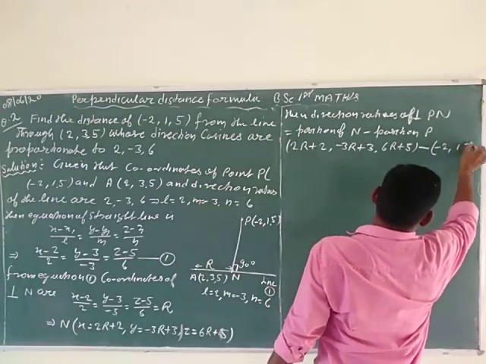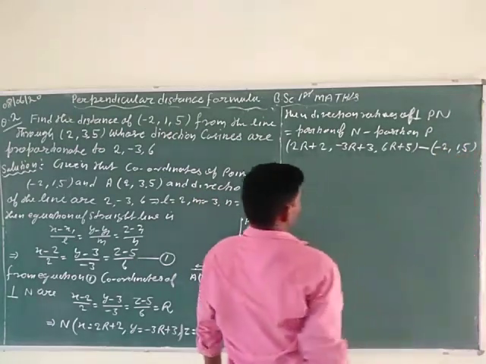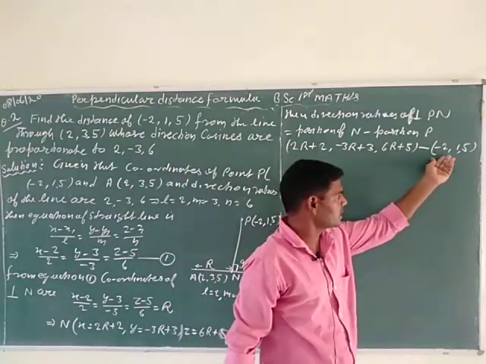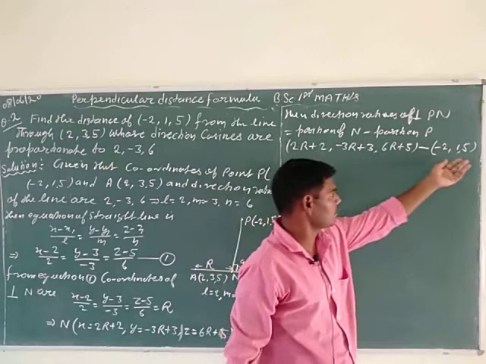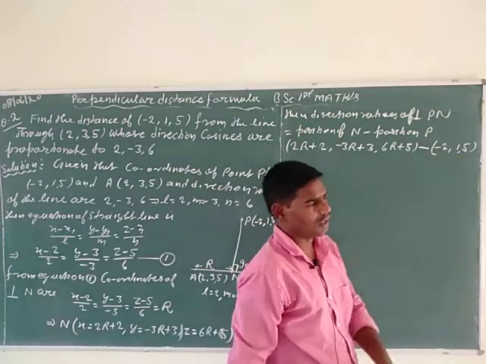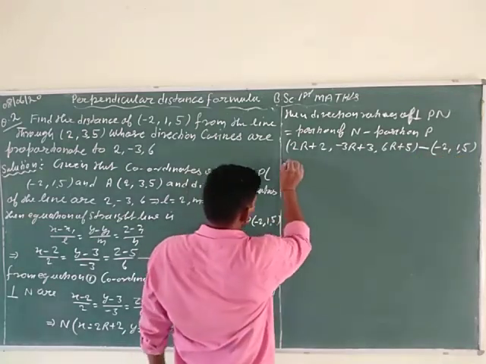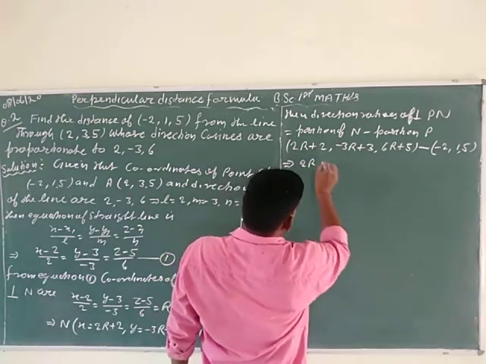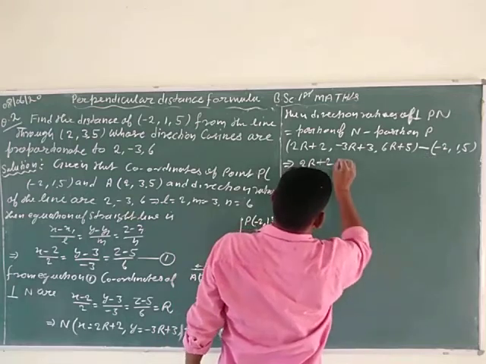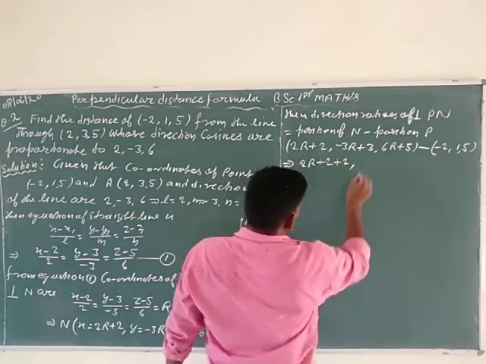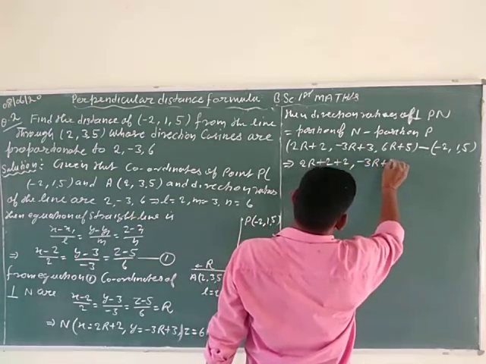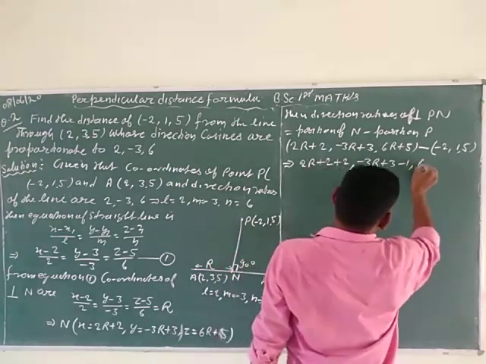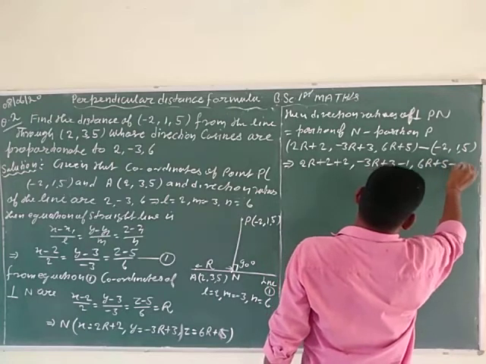Simplify this: subtract first from first, second from second, and third from third. Using this rule, it implies 2r plus 2 minus minus 2, then minus 3r plus 3 minus 1, and at last 6r plus 5 minus 5.